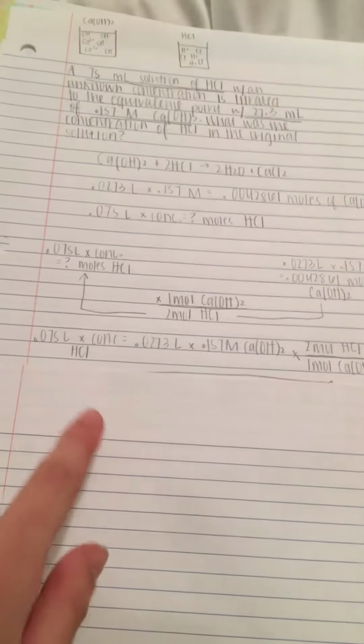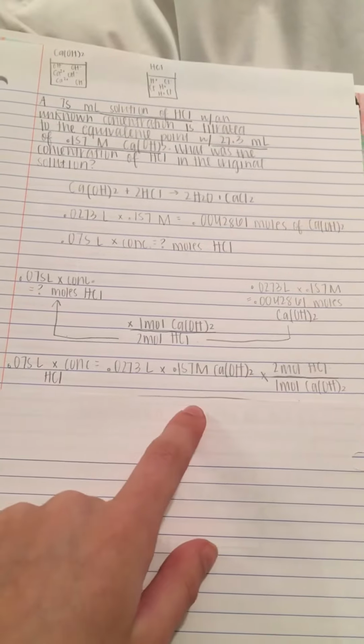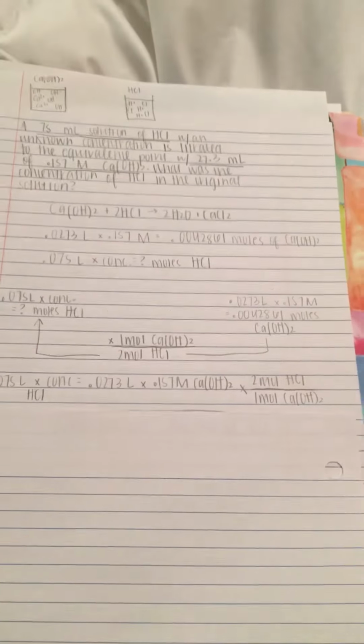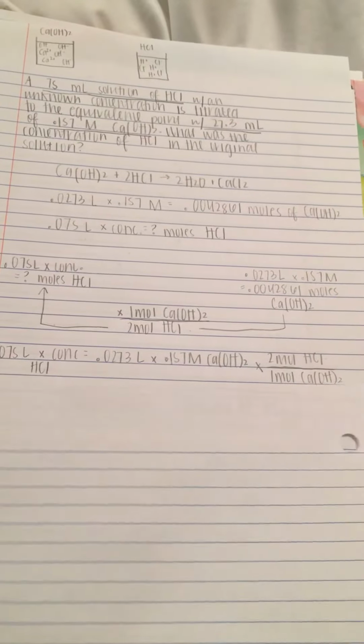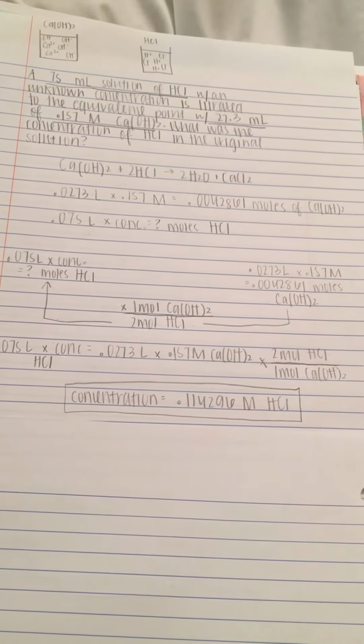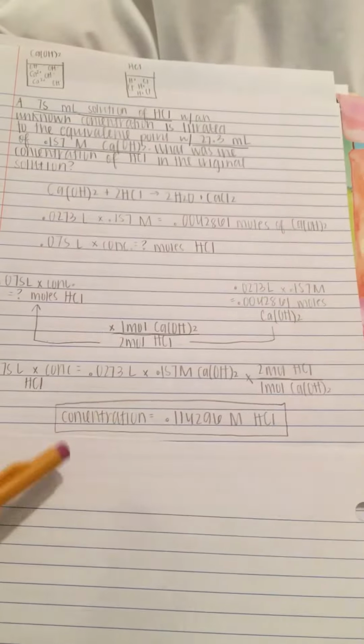If we write that all out, the moles, which is liters times concentration of HCl, equals the moles of calcium hydroxide, which is liters times concentration, times the mole ratio from the balanced equation. And whenever we figure that out, we get a concentration of 0.114296 M of HCl. So that's our answer right here for the problem.